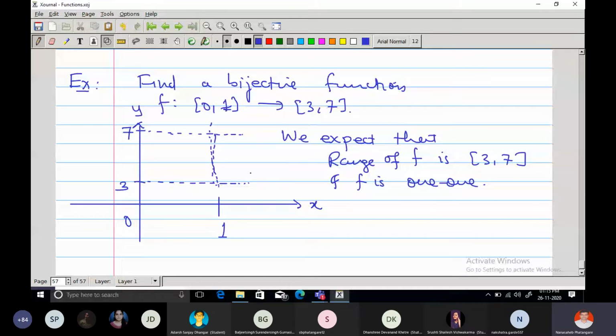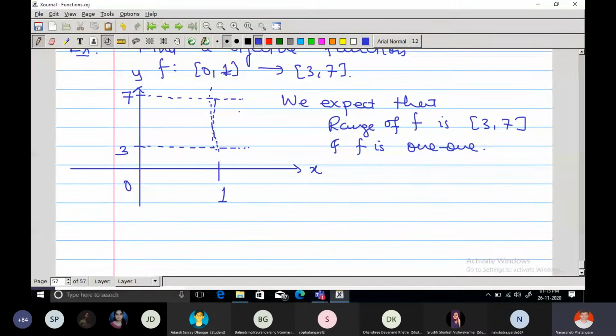Okay. Now can you draw the graph so that it is a graph of a 1-1 function, and it will cover the entire codomain, right? Can you draw any such graph? What are the coordinates of this point? (0, 3), right?